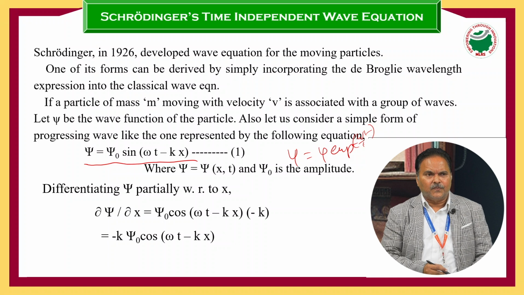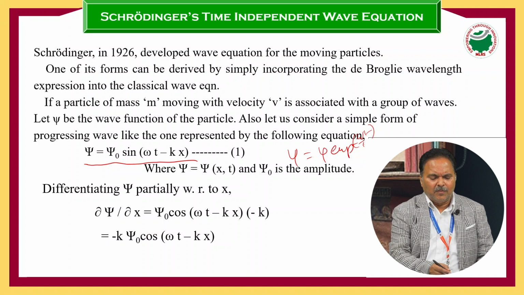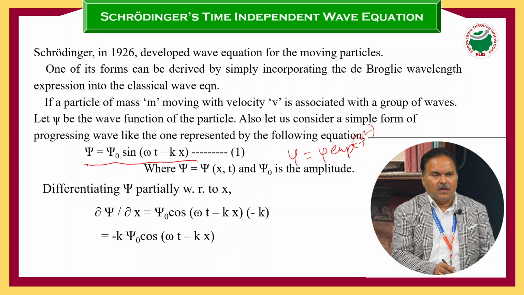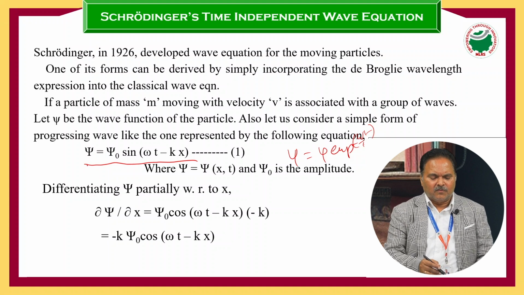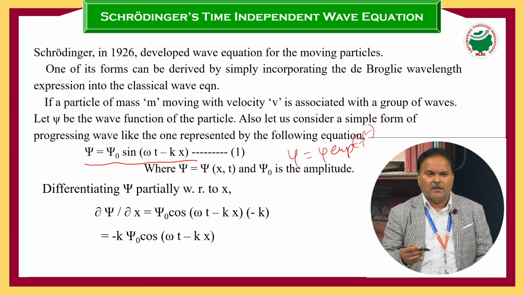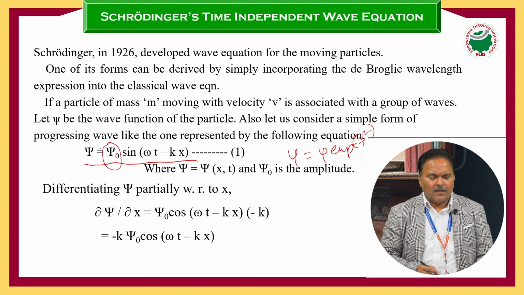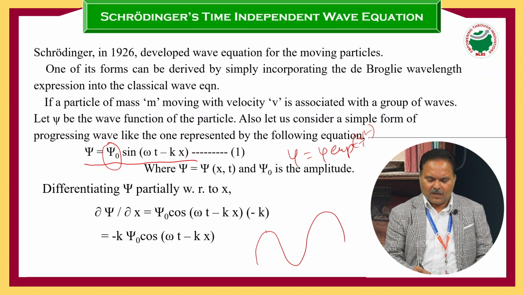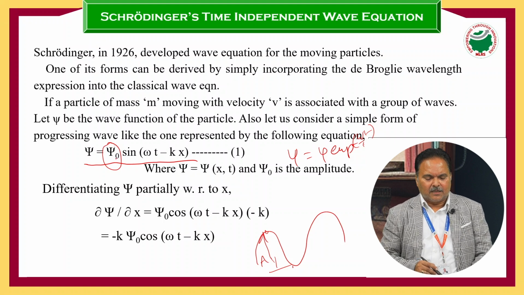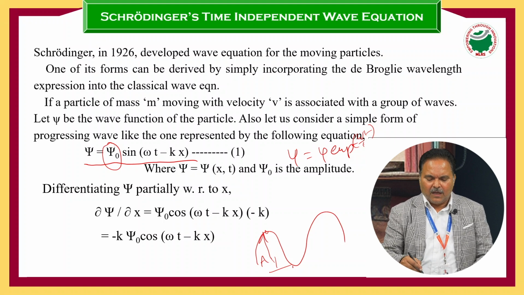Psi is only a mathematical representation of the wave function. Psi naught is the amplitude of the psi wave. Amplitude means the distance from the mean to one crest.